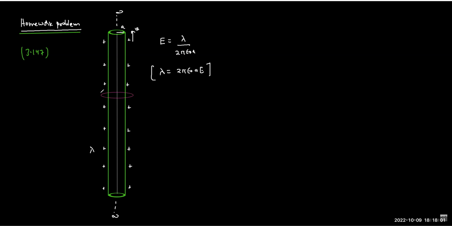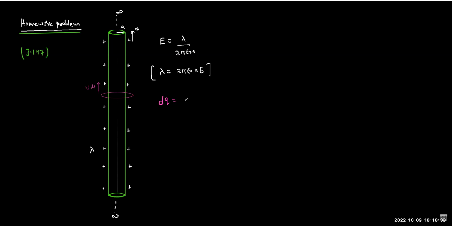The velocity of the cylinder is given as v, so in time dt, how much will it travel? v dt. So v dt length of the cylinder will cross it, and because the cylinder is uniformly charged, some charge will also cross it. So the amount of charge crossing this cross section in time dt will be how much?